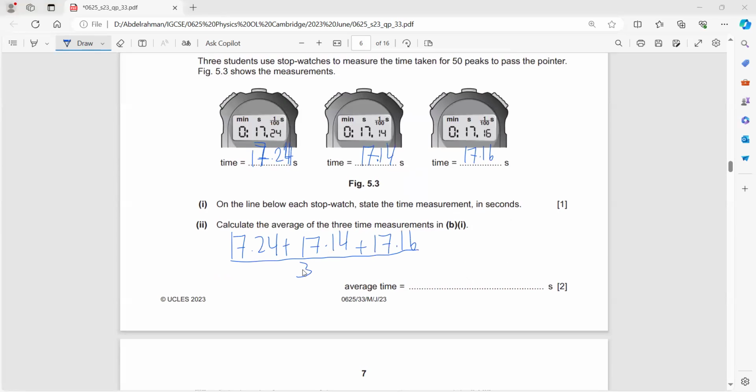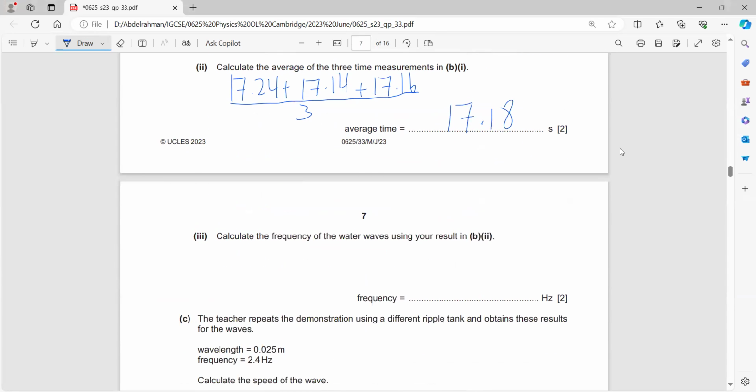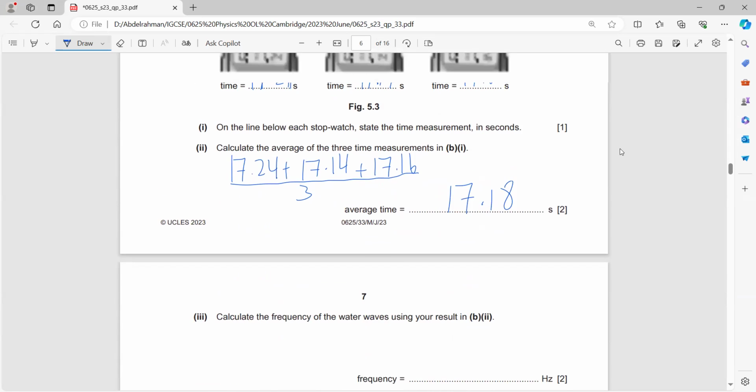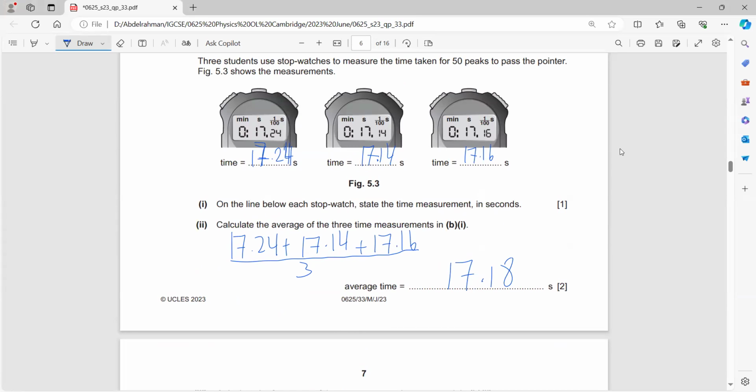That will be 51.54 divided by 3, which is 17.18 seconds. Should we write it as 17.2? No, we'll write it down as 17.18. We'll leave it as 4 significant figures, because all of the previous readings were 4 significant figures.